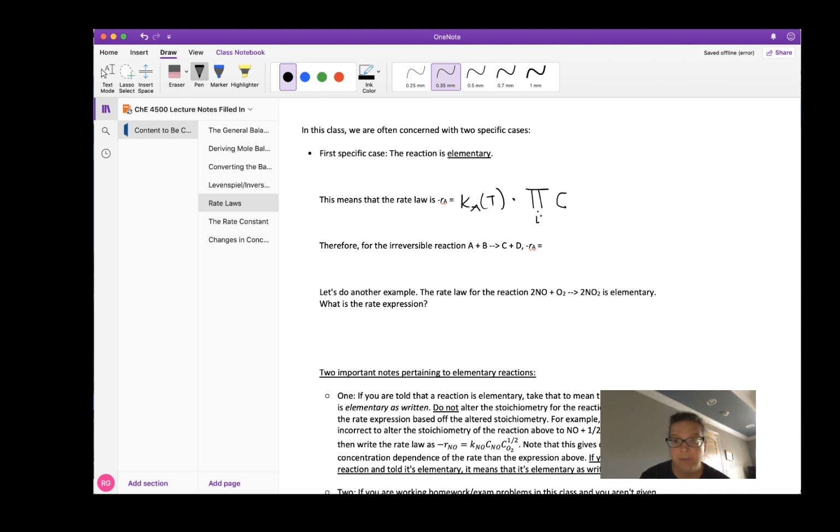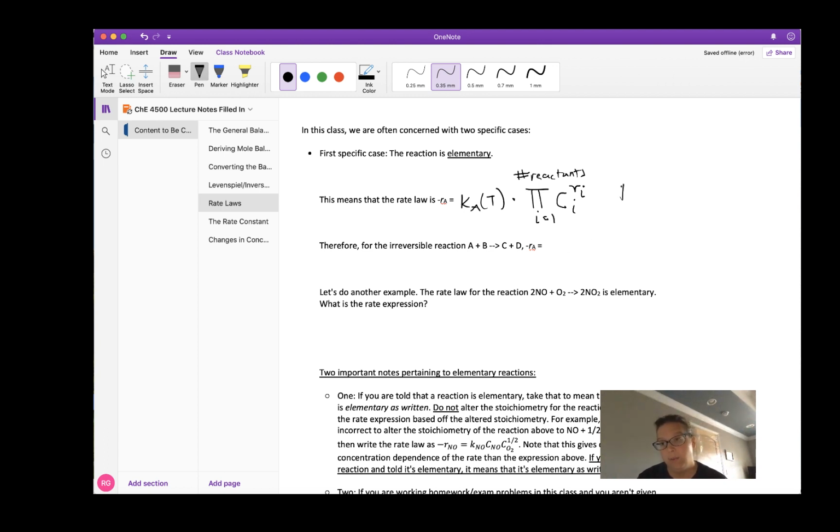So we'll say we're just going to make a product over i, and in an irreversible reaction, we'll make the product over the number of reactants, C_i to the nu_i, where recall from the last lecture that nu stands for stoichiometric coefficient.